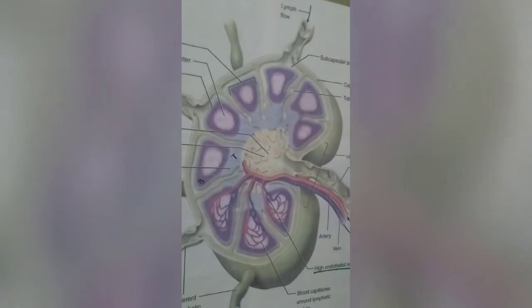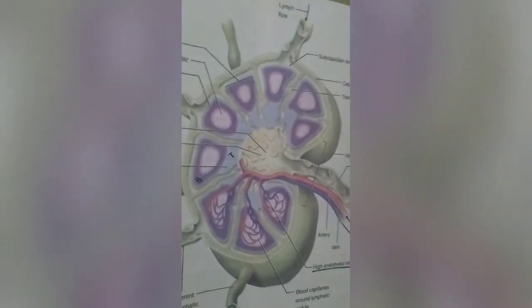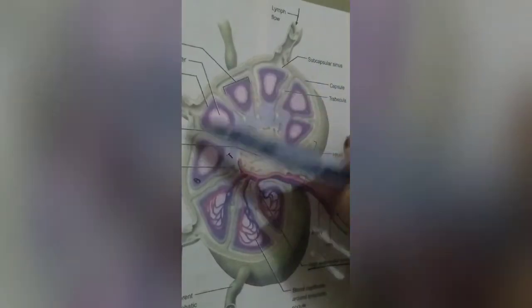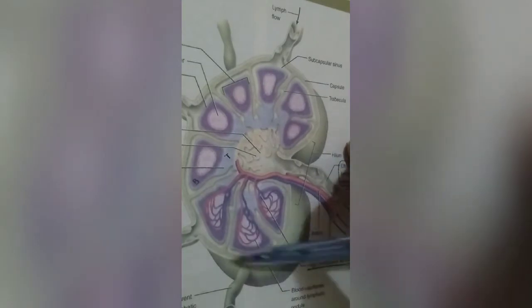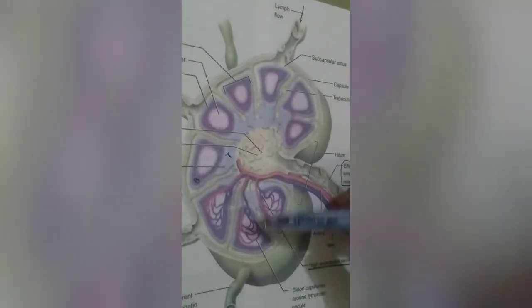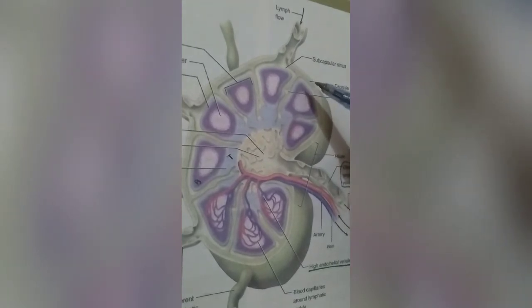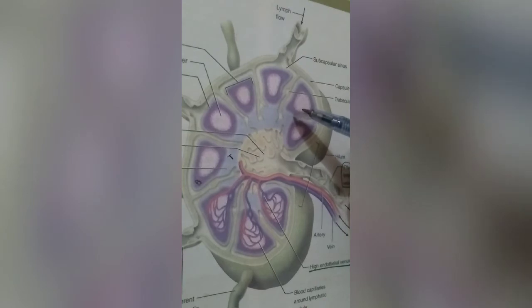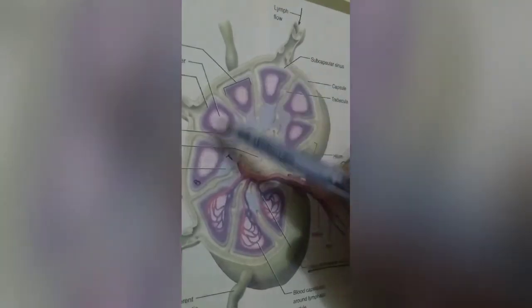Each lymph node is also supplied by a lot of afferent lymphatic vessels. As you can see here, these are the lymphatic vessels which supply from the outer, convex surface. A lot of afferent lymphatic vessels supply the lymph node at various points along the cortex surface.